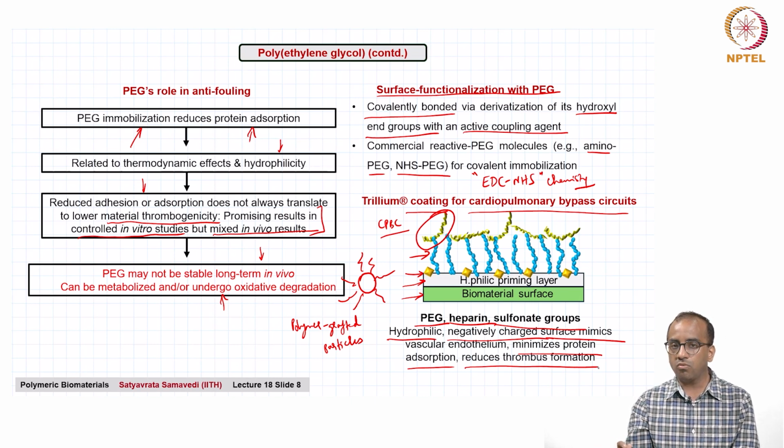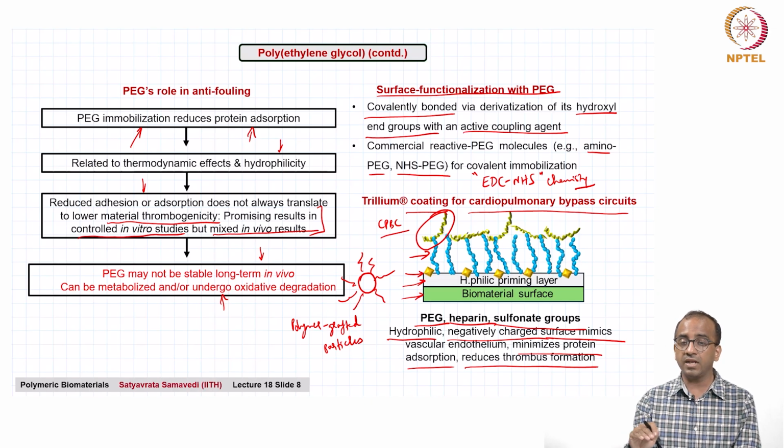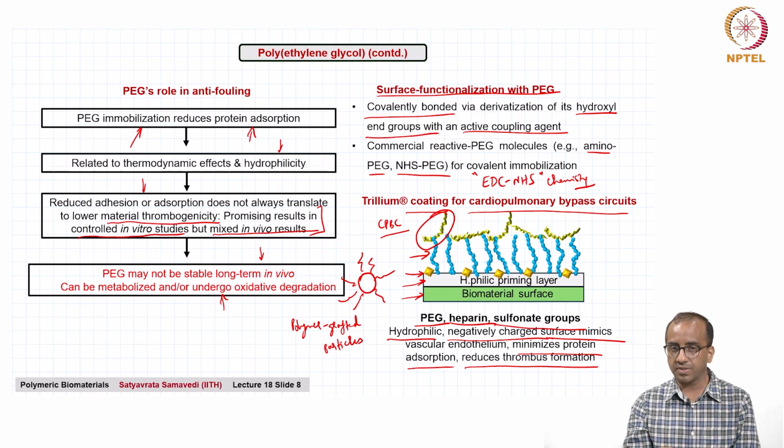So, you see how properties like hydrophilicity and the negatively charged groups from sulfonate, and the heparin as well, together play a role in determining how these materials perform in specific biomedical applications.